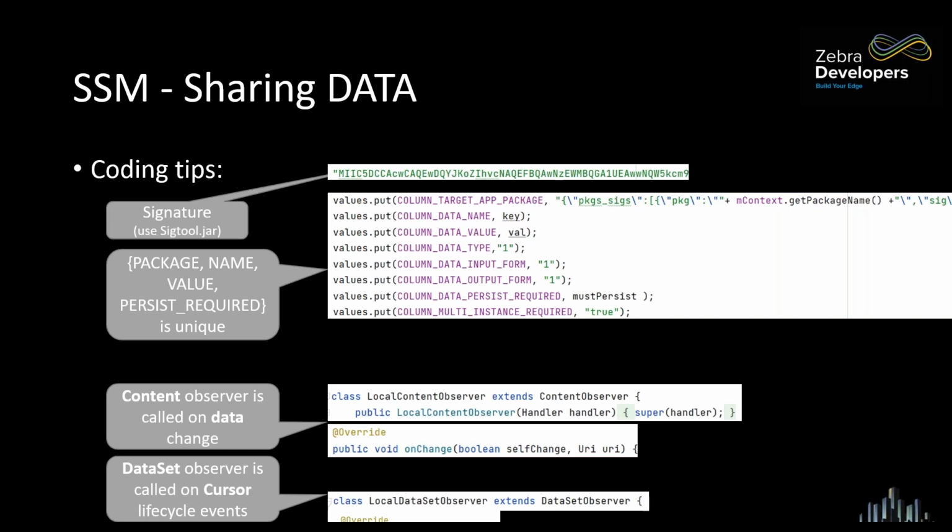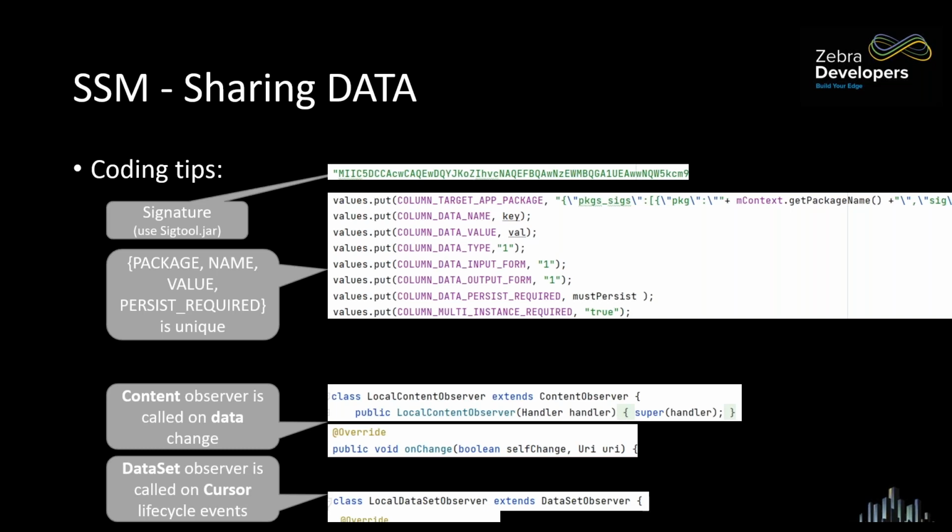Again, some code snippets. The first line is how a signature looks like. So it's a readable string that can be embedded in a file or in the code. Then you have to put it in a special key value pair before passing this to the Secure Storage Manager.